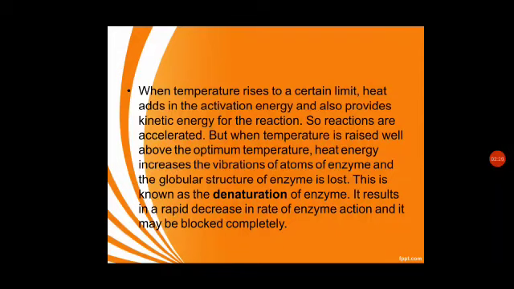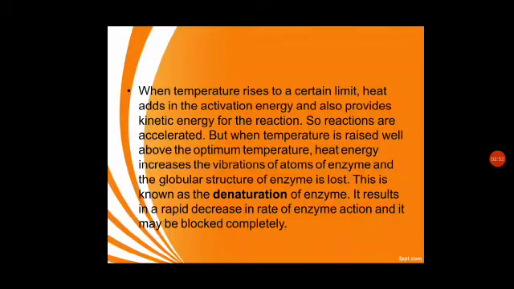So, students, if the temperature rises up to the optimum temperature level, the enzyme action increases and the reaction rate is also accelerated. But if heat is given to the reaction above the optimum temperature, what happens? The enzyme activity is lost because the enzyme is denatured.